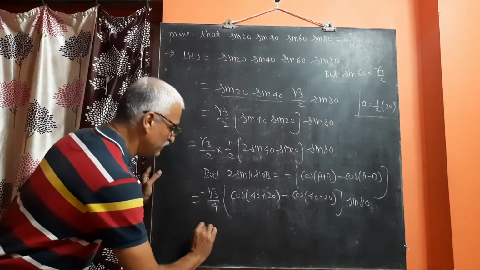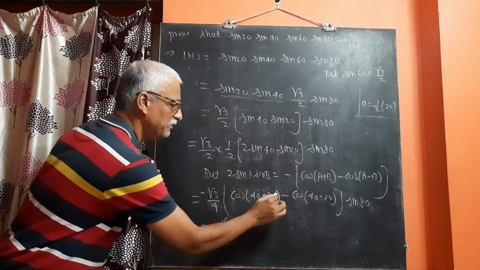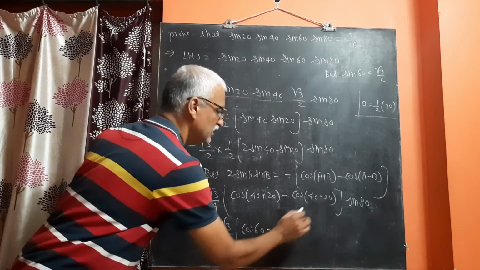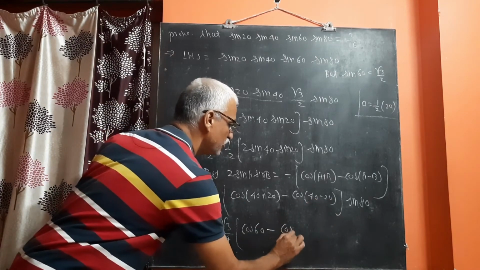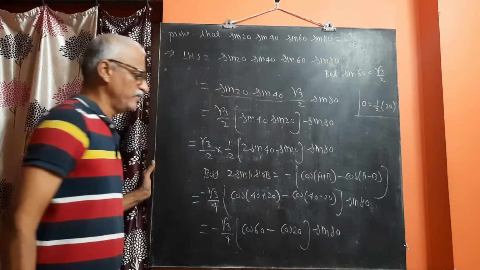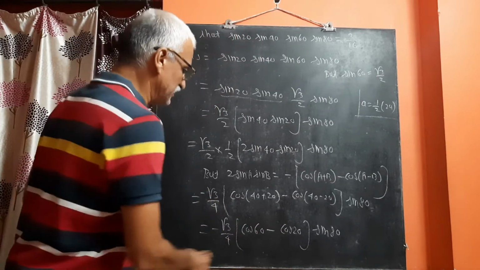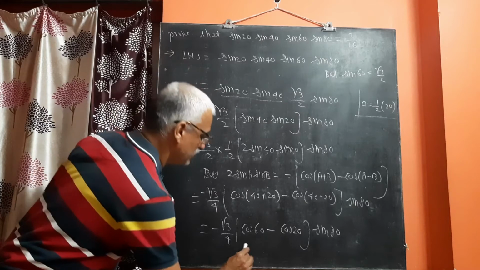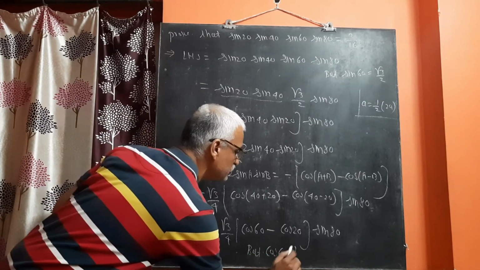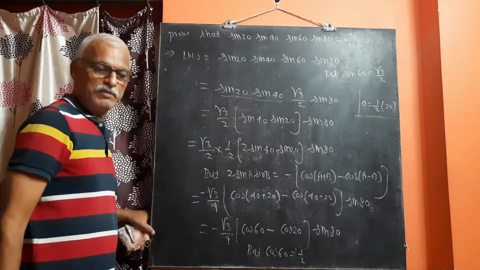If we simplify it, it will be minus root 3 by 4 between brackets cos 40 plus 20, that is cos 60, minus cos 40 minus 20, that is cos 20, into sin 80. But cos 60 is equal to 1 by 2.